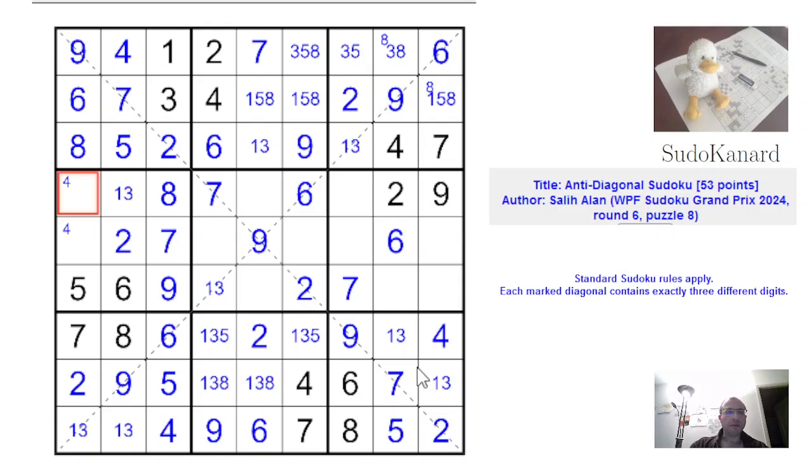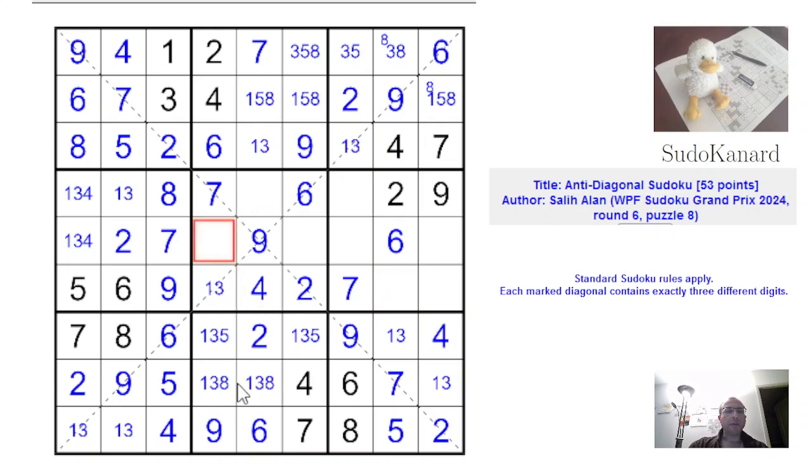This is 1, 3, and 4. This row needs 1, 3, 4, 5. What I'm seeing is that those can't be 4s, so on this row 4 goes there.